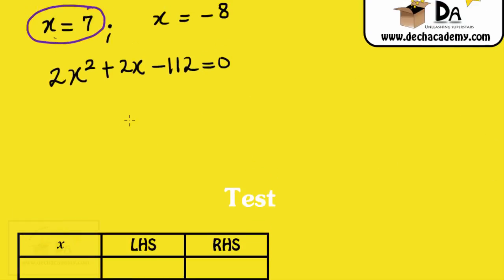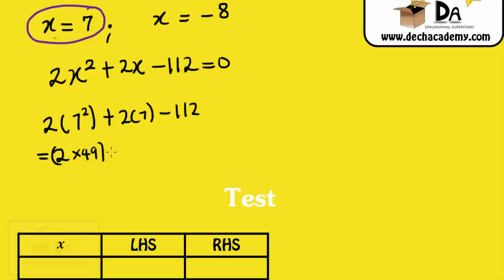When x is 7, the left-hand side term of this equation is 2 times 7 squared plus 2 times 7 minus 112, which is equal to 2 times 49 plus 2 times 7, which is 14, minus 112.